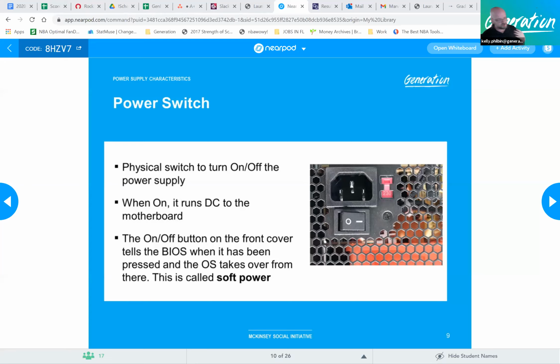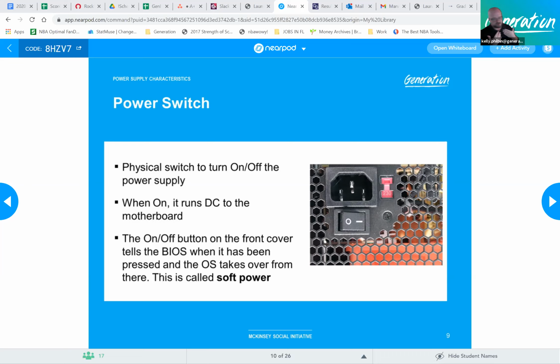If you're not able to power down your unit, you pressed and held the power button on the front of the tower, it's still not turning off, and the computer seems to be held up, you have a secondary option on the back of the unit. Or you can unplug it, though I wouldn't suggest that, because the power switch on the front, when you press that, is sending that information through the BIOS telling it you want to power down. The switch on the back of the unit is more of a hard kill of the power supply.